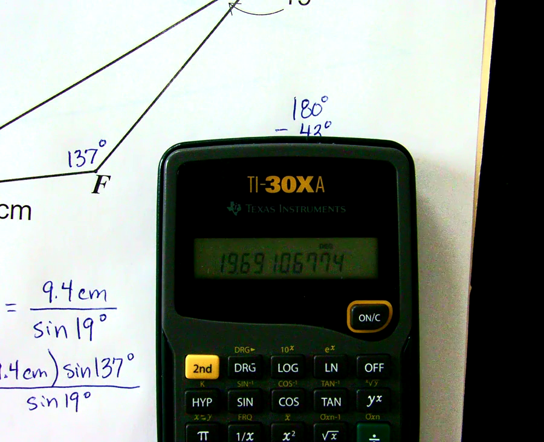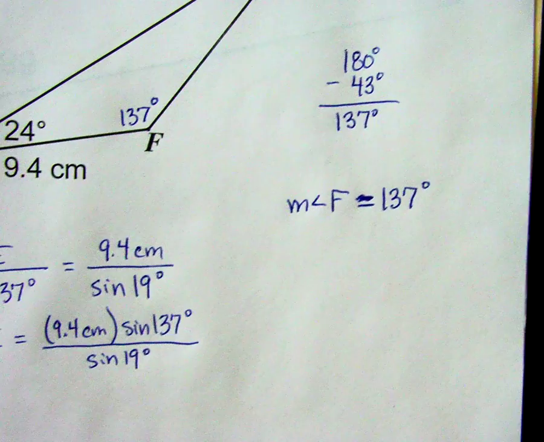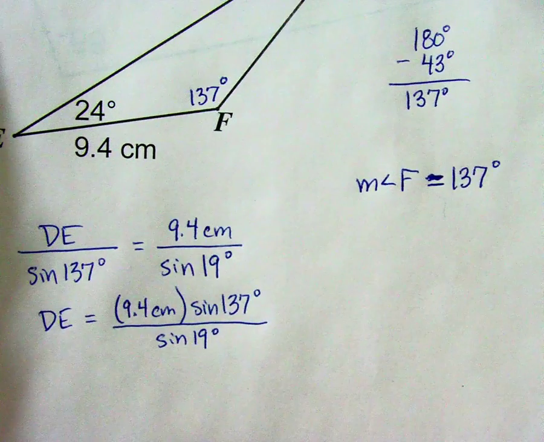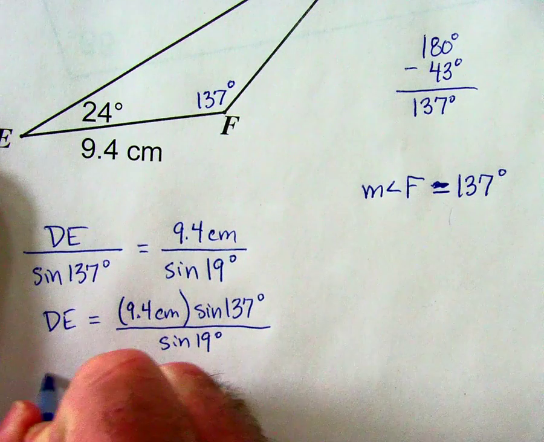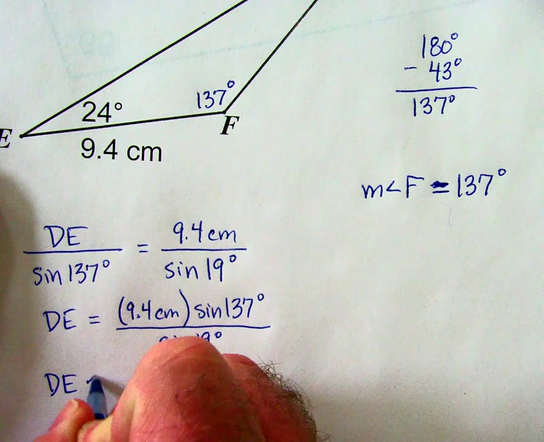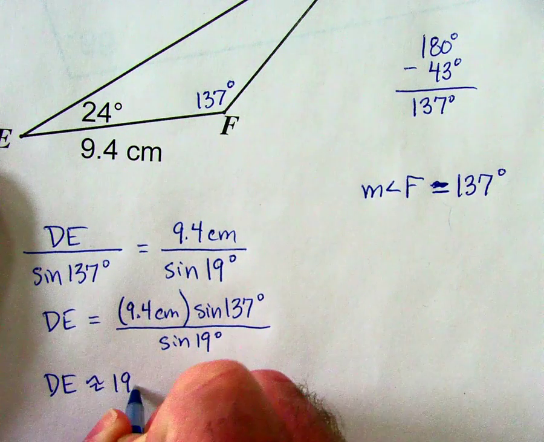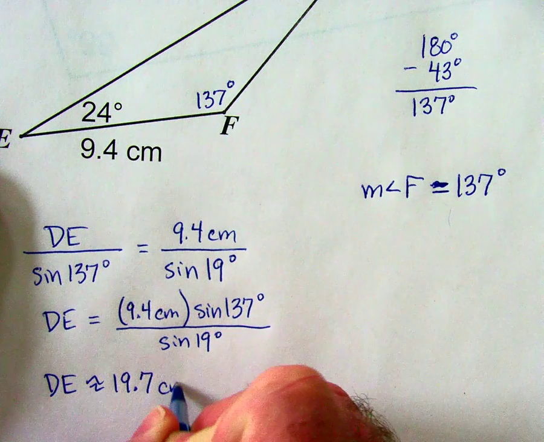Now hit equals. So about 19.7 to the nearest tenth. So the distance from D to E is about 19.7 centimeters.